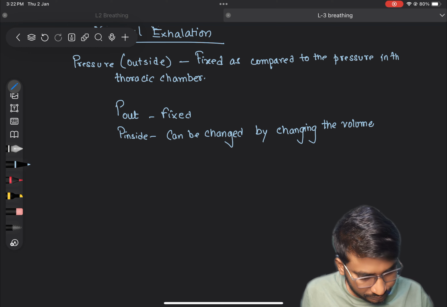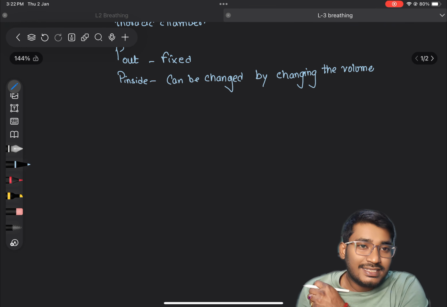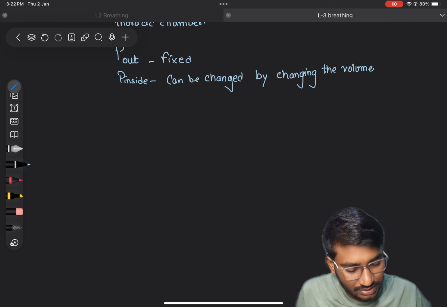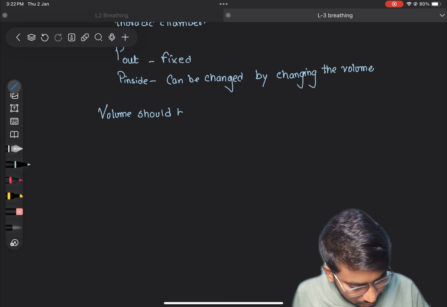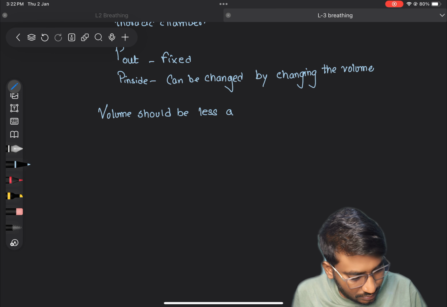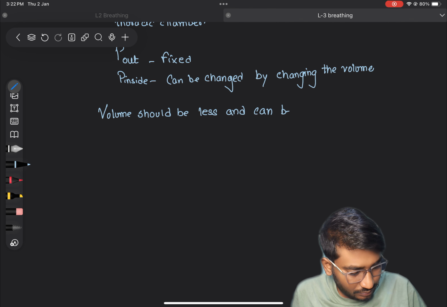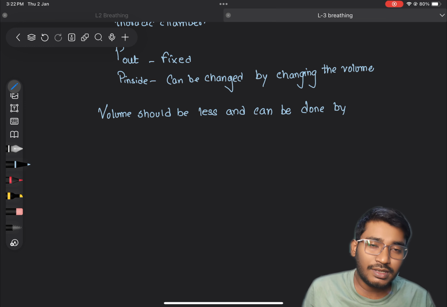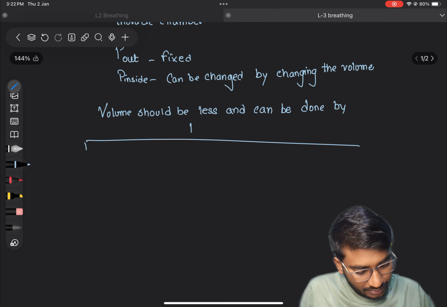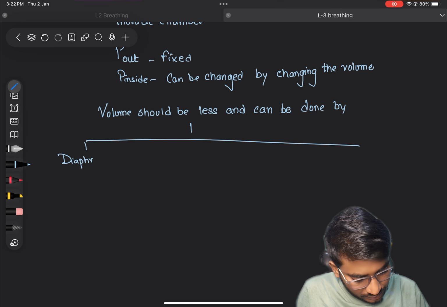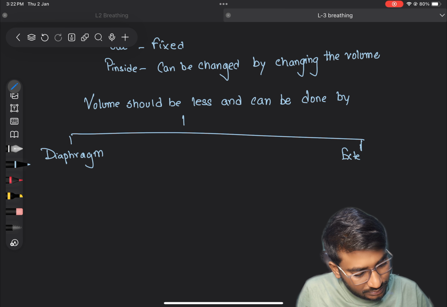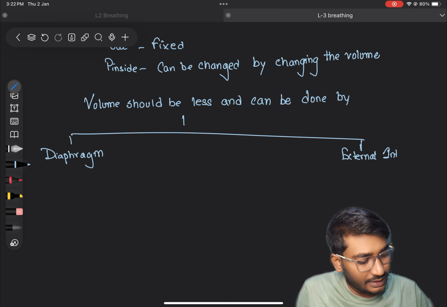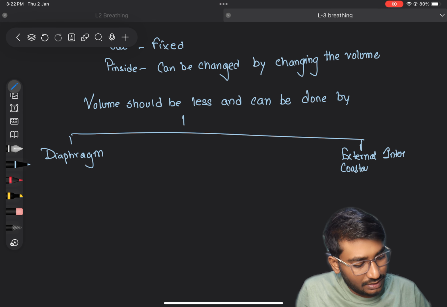Now volume should be less, and this can be done by the diaphragm and the external intercostal muscle.